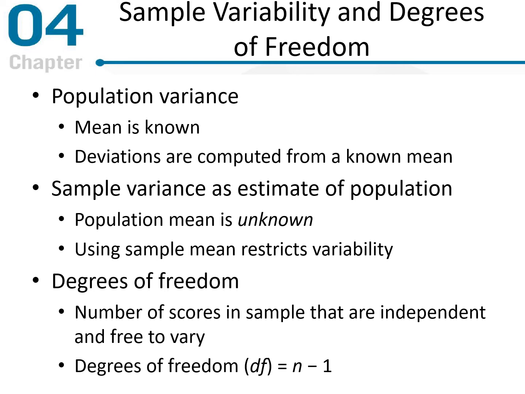So if we're trying to estimate the population variance using the sample variance, I'm estimating 1 parameter, the population variance, using the sample variance, so therefore I'm losing 1 degree of freedom. If there were 2 parameters I'm estimating, I'm going to lose 2 degrees of freedom. So that's kind of the rule of thumb.